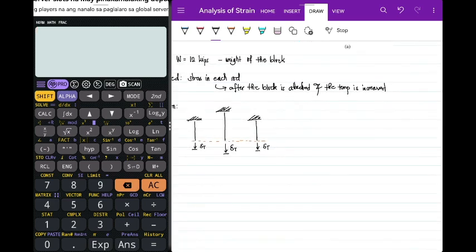So let's say we made this cut. Now what we can do after making the cut, we can exaggerate the possible elongations our material will have once temperature is increased and once the block is also applied.